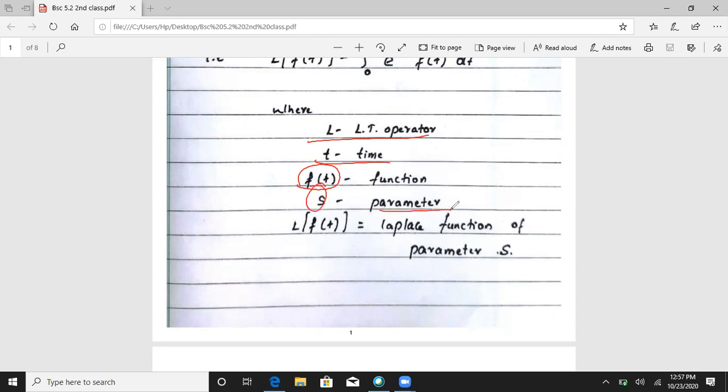It may be real or imaginary, and the total L of f of t is the Laplace function of the parameter s.